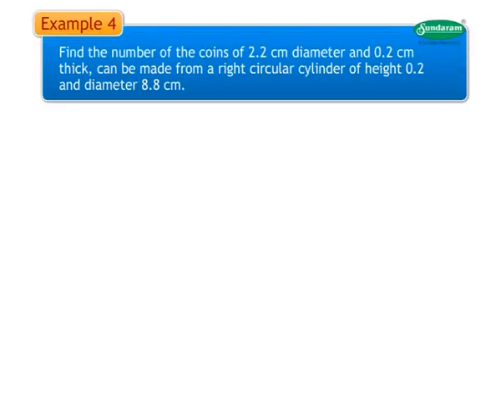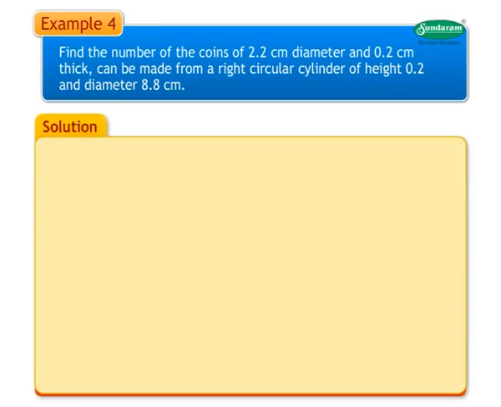Example 4. Find the number of coins of 2.2 centimeter diameter and 0.2 centimeters thickness that can be made from a right circular cylinder of height 0.2 and diameter 8.8 centimeters. Solution. Each coin is a cylinder of diameter 2.2 centimeters.